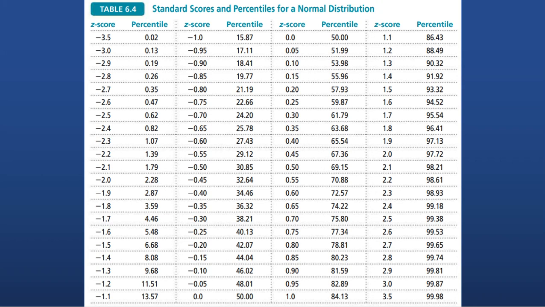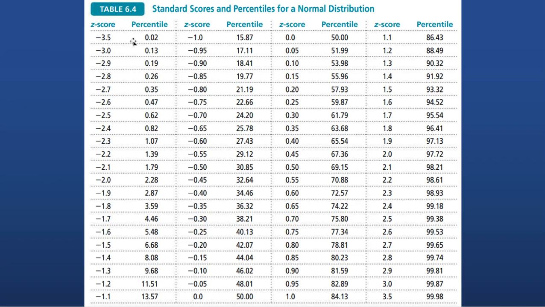Now, the most straightforward way is you calculate a z-score and you look up the percentile. I think that's the example we did a minute ago. If you got 100 on an exam, the average was an 80, and the standard deviation was 10, then your z-score would be 2. So we find 2 in the table.